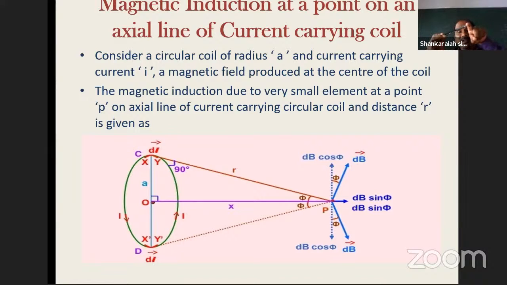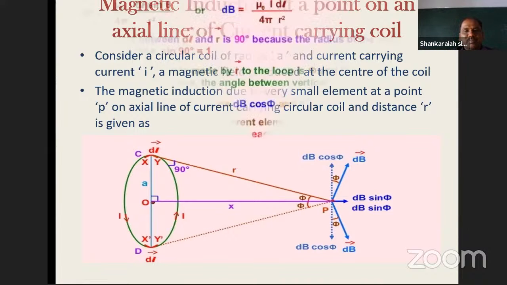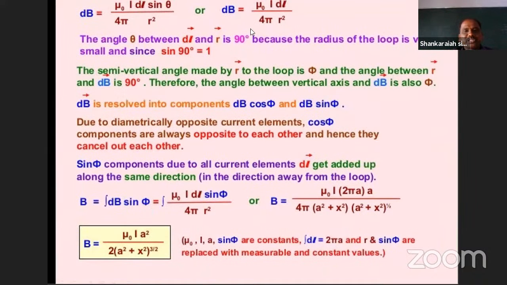The angle between the element and r is 90 degrees. So dB equals mu0 I dl sin theta divided by 4 pi r square. Theta equals 90, and sin 90 is 1. So dB equals mu0 by 4 pi, I dl divided by r square.